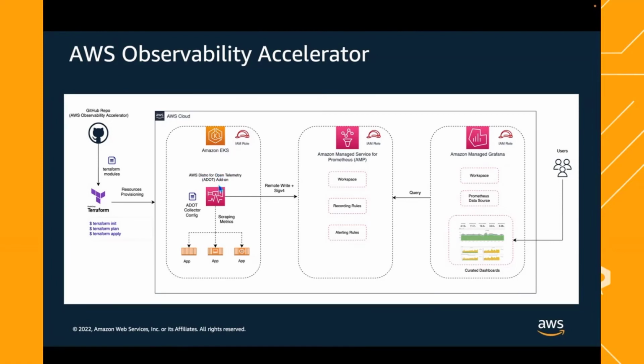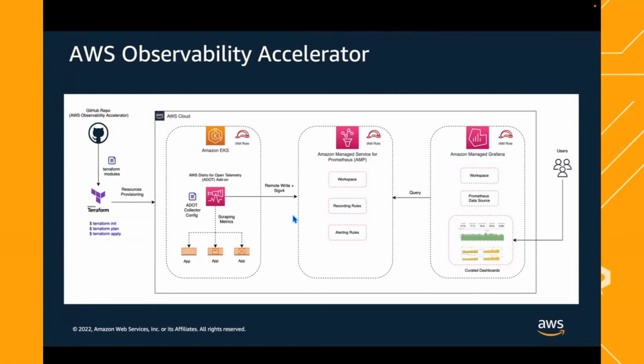Once it enables the add-on, it also deploys the ADOT Collector configuration, which is a custom resource definition. Because the ADOT add-on can manage the ADOT Collector as a custom resource, we deploy the custom resource immediately with the specific configuration that we want, and it automatically starts collecting information or metrics from the EKS cluster.